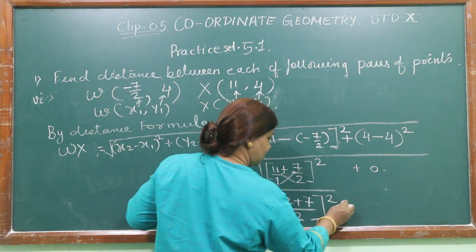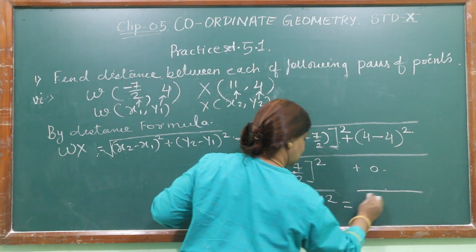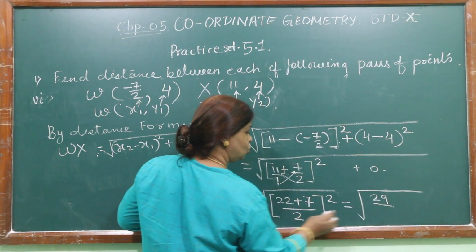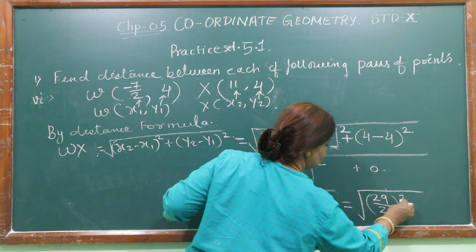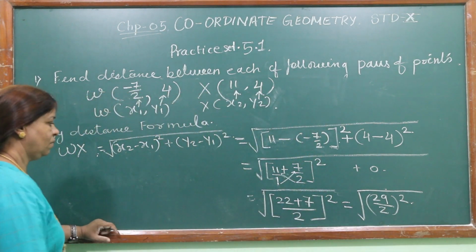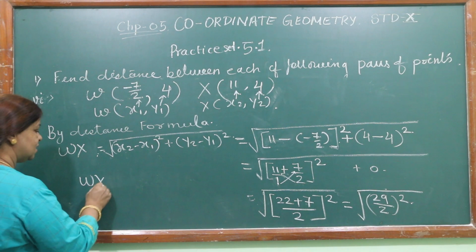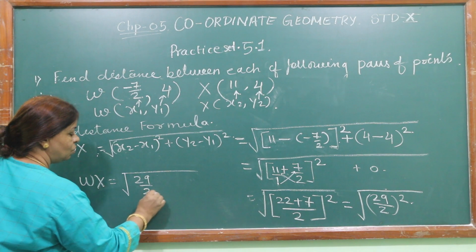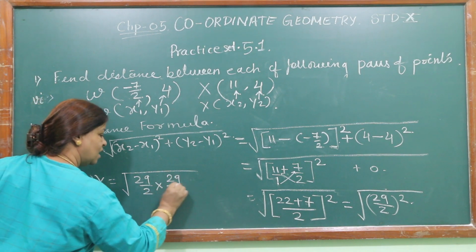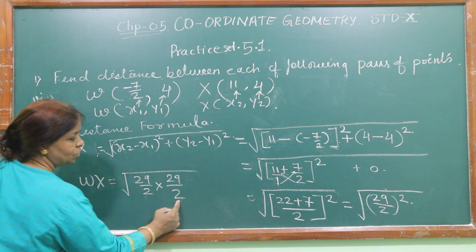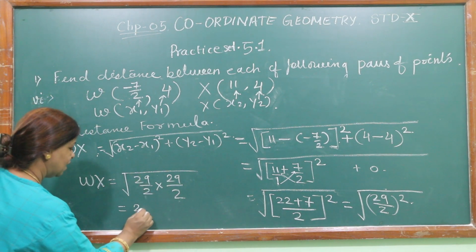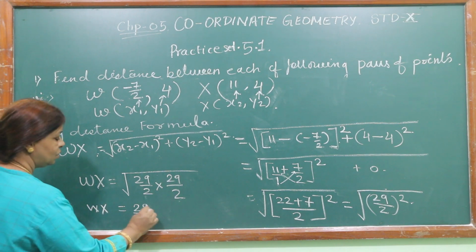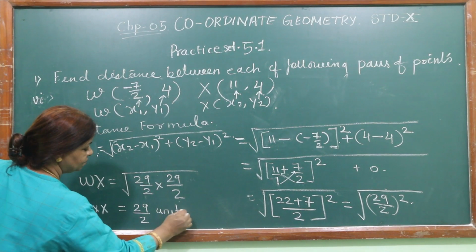Now 22 plus 7 will become what? 29. 29 upon what? 2 the whole square. Now see, WX is equal to under the root 29 upon 2 into 29 upon 2. How many times 29 upon 2 is there? 2 times. So it will come out as 1 time 29 upon 2. So WX is equal to 29 upon 2 units.